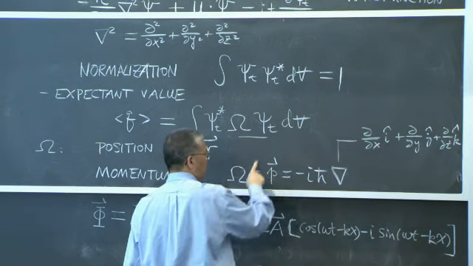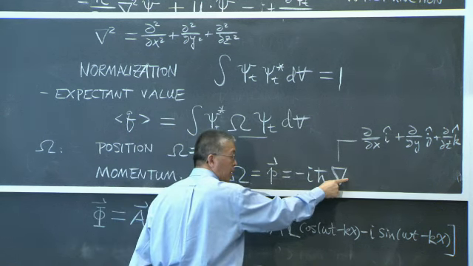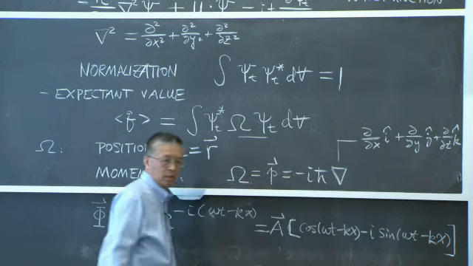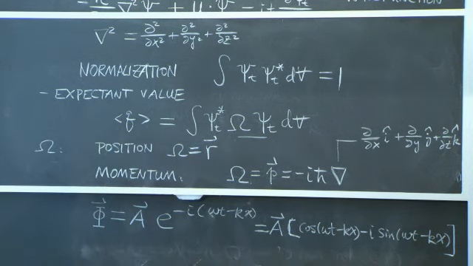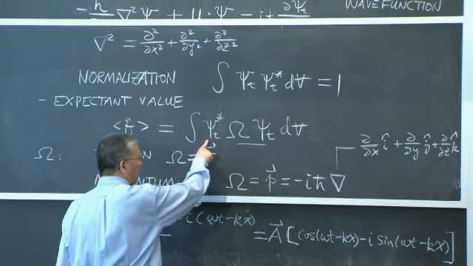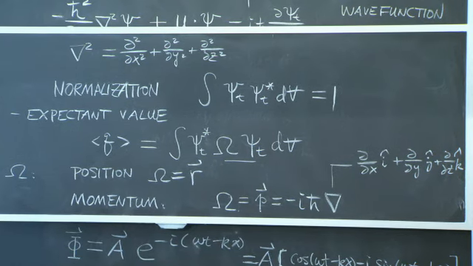So now if you put it here, this wave function goes here, so it's d psi dx, d psi dy. That's the operator. You take that derivative, and then you do the complex conjugate, you integrate, and that's your expectation value.